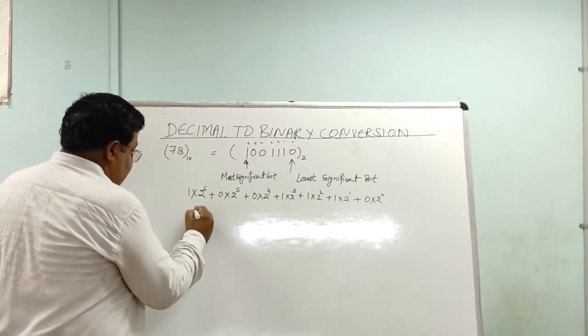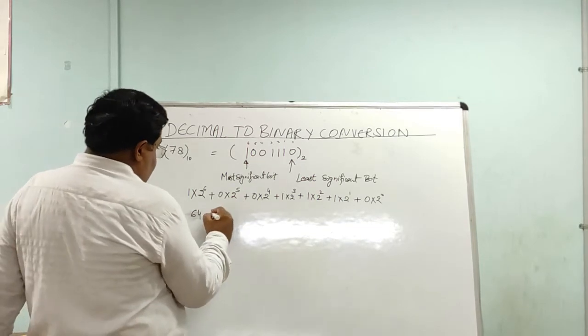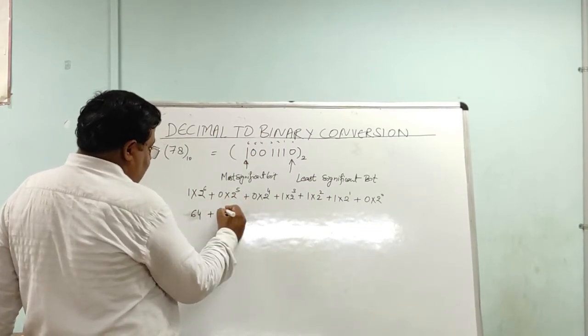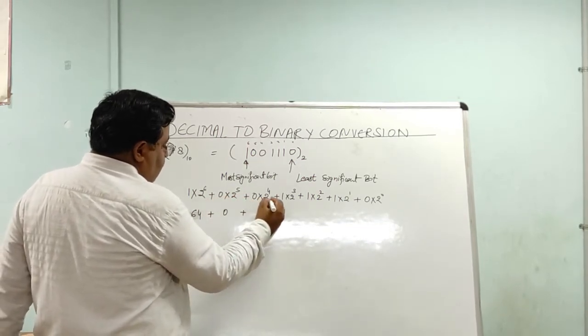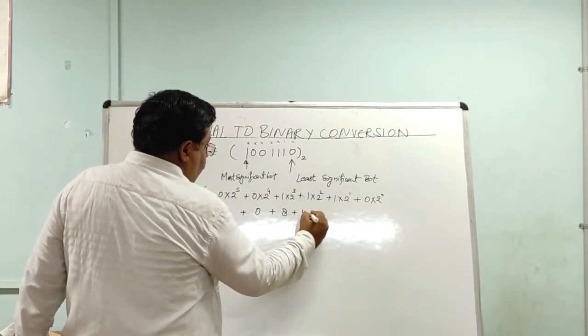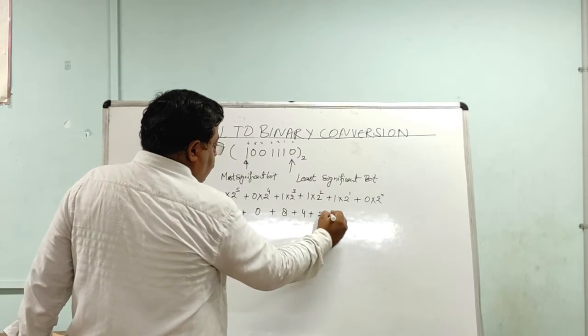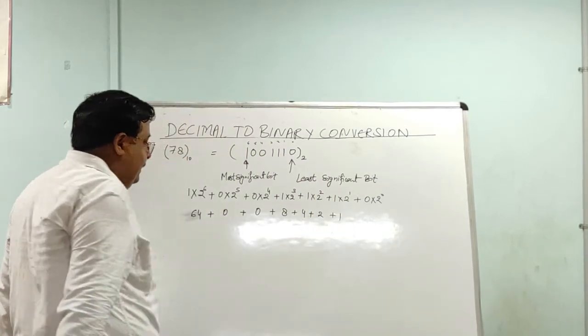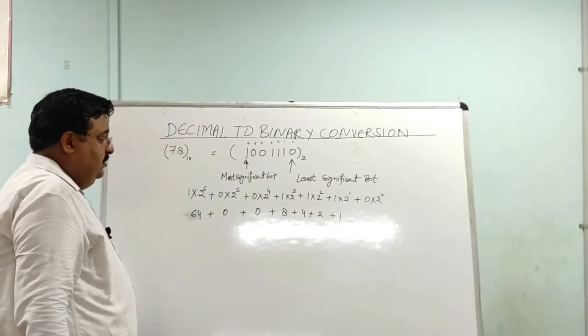So, 2 to the power 6 is 64 plus 0 into 32, that will be 0. 0 into 16 will be 0. 8, 4, 2, 1. Okay.